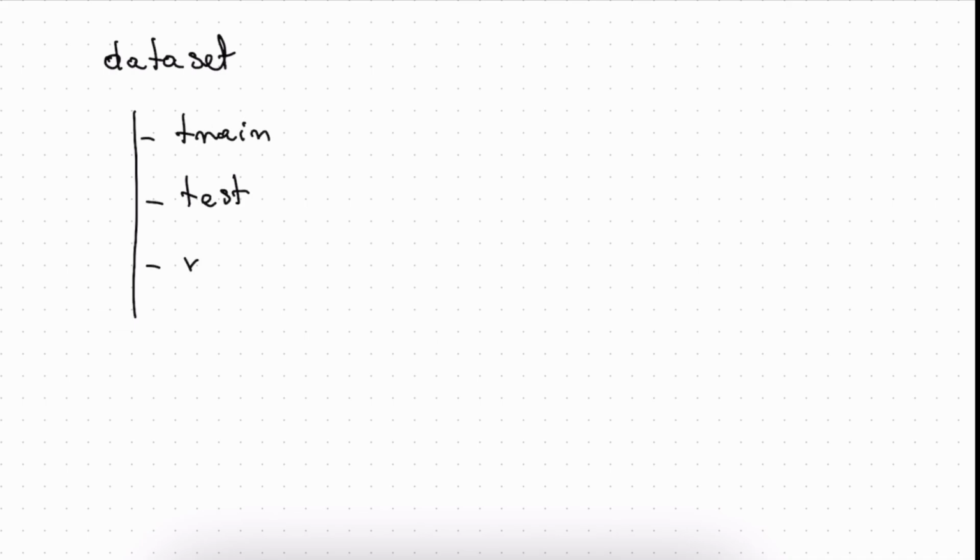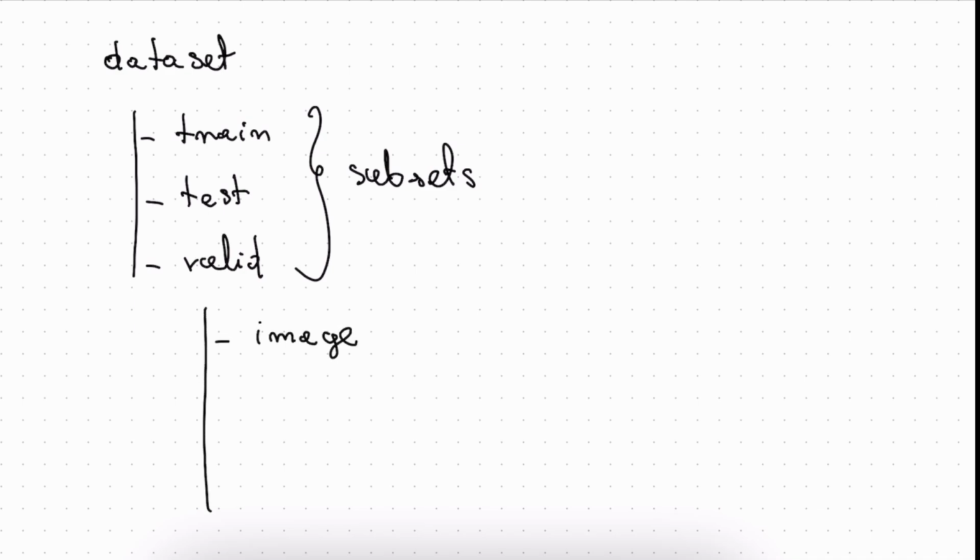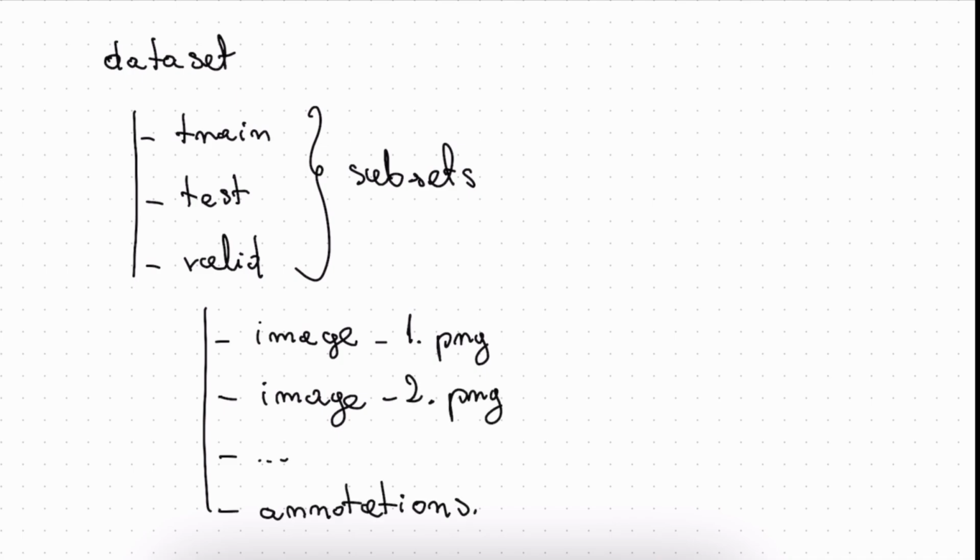Now it's time to talk about the data format required to fine-tune Florence-2. Our dataset is a directory with 3 subdirectories: train, test, and validate. Each subdirectory has an identical structure containing images, for example, image_1 PNG, image_2 PNG, and an annotation file.